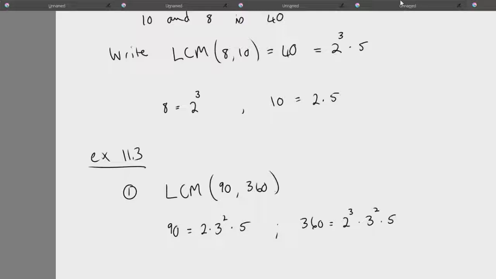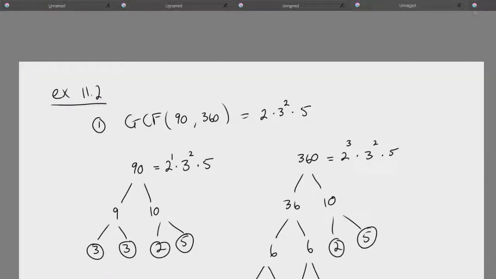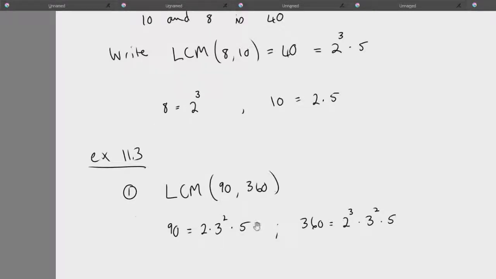If I didn't have this, then I would have to do these factor trees again, but we've done it once, there's no need for that.